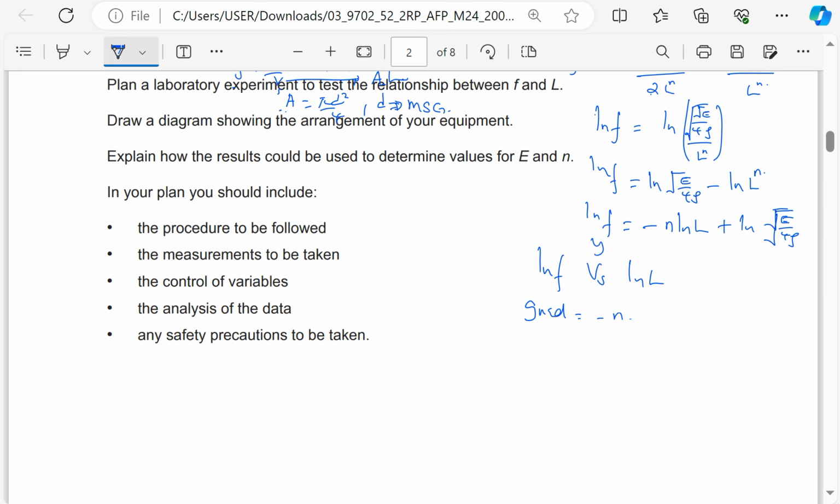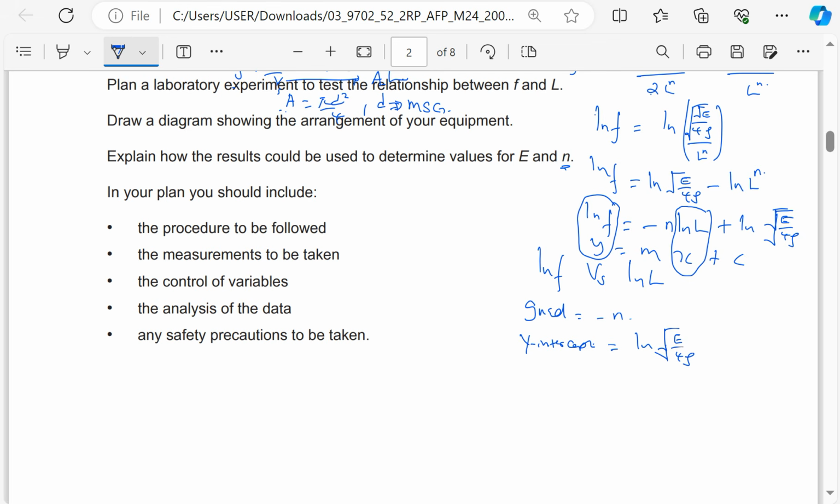If I compare this with y equals mx plus c, with ln f on the y-axis and ln L on the x-axis, the gradient is negative n, and the y-intercept will be ln of the root of E over 4 rho.